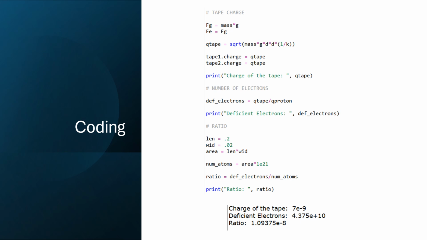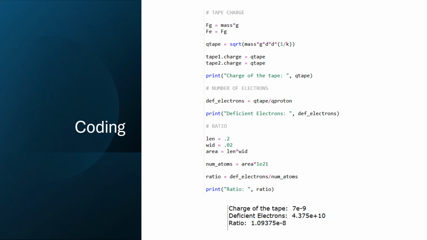So this is my code. Above this is a bunch of constants and setting up the objects, but these are the actual calculations. I calculated Fg as the mass of the tape times g, and then F equals Fg because they're at equilibrium. Then Q tape is the calculation of charge from the force.